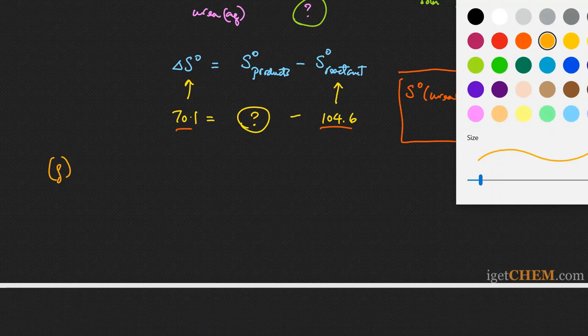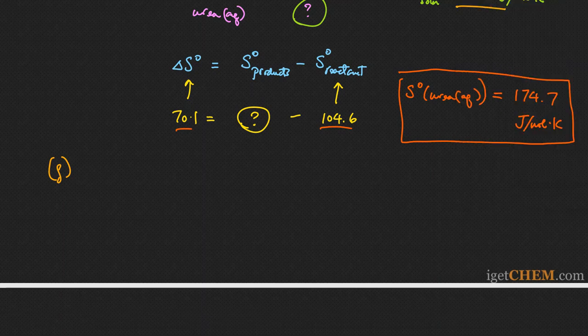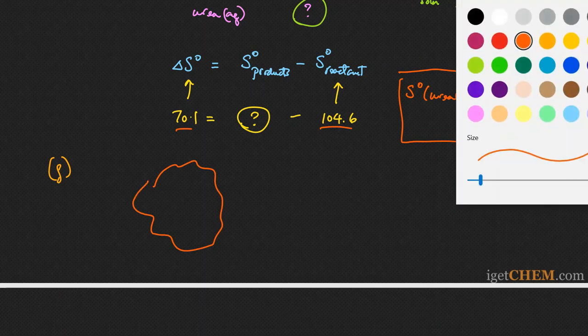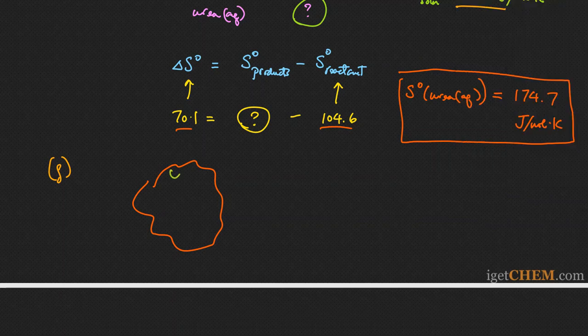So what we have originally was urea inside a solid, and we know that inside the solid the atoms are arranged in a regular fashion, like a crystal. So the solid is essentially a bunch of urea molecules all packed regularly together.